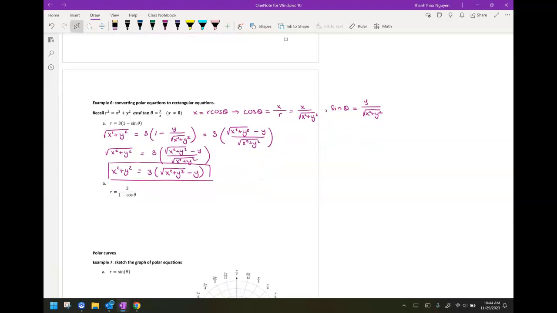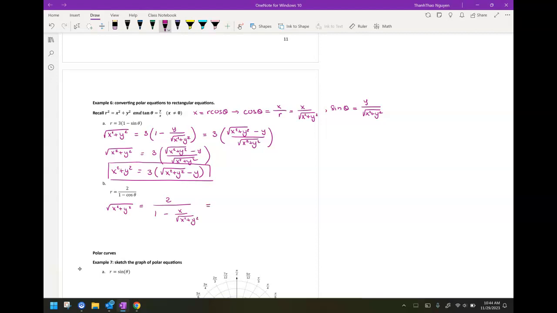So in the next case, again, we have square root of x squared plus y squared equal 2 divided by 1 minus x over x squared plus y squared.